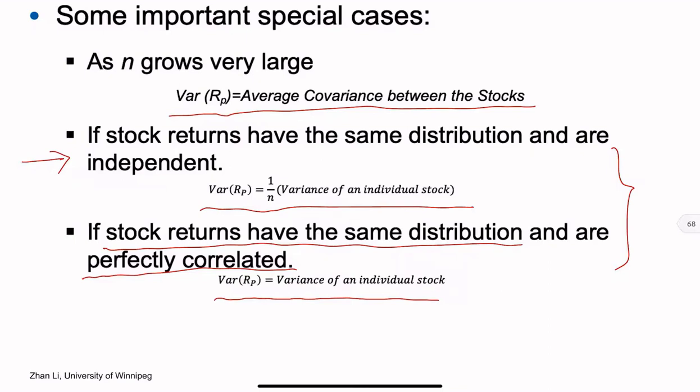If you use this formula to think about insurance policy, then if insurance policies have the same distribution and they're independent, then the variance of the portfolio of insurance policies equals the variance of an insurance policy divided by number of insurances, right? So this denominator is the important part here.